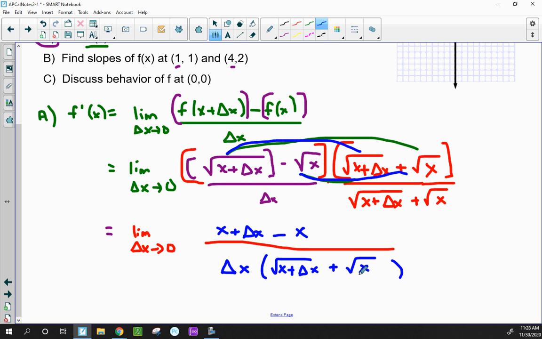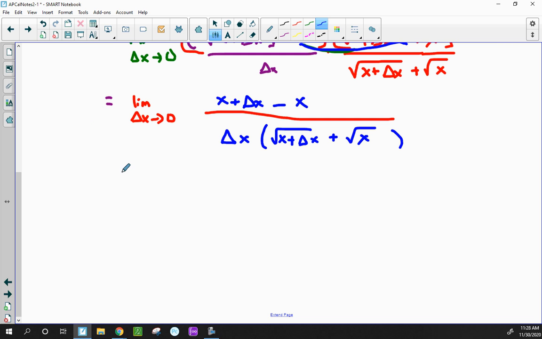There we go. And let's look at the top. The top is going to give me x minus x. Ooh, that's going to cancel for me. And I see a delta x left. The bottom, I'm just going to recopy.